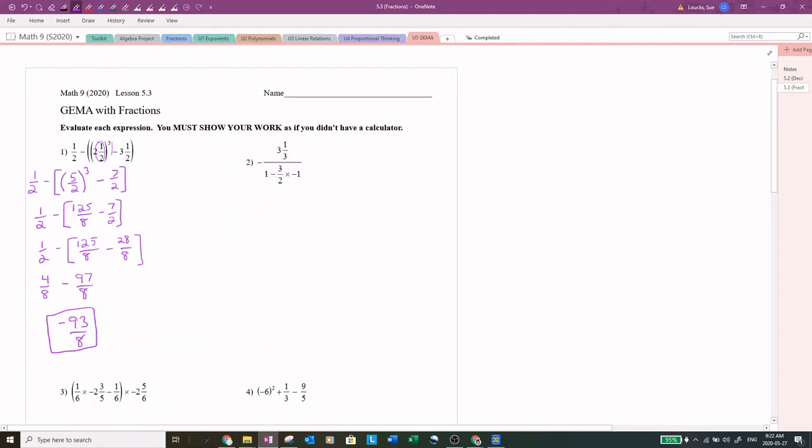All right, question 2. This one's pretty ugly. I'm going to float my negative up and put it here, and then I'm going to write it as a division question with brackets because that's going to make more sense to me. So 3 times 3 is 9 plus 1, so this is negative 10 over 3 divided by, and then this is 1, and I can do the 3 over 2.